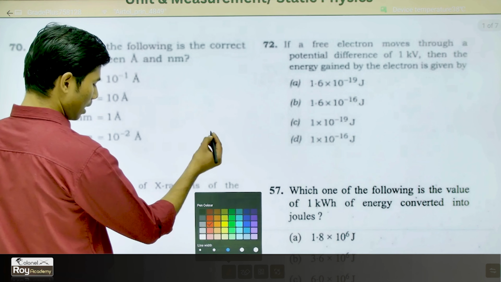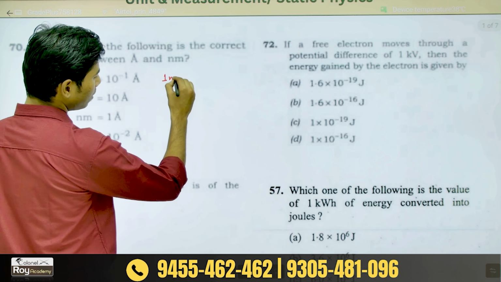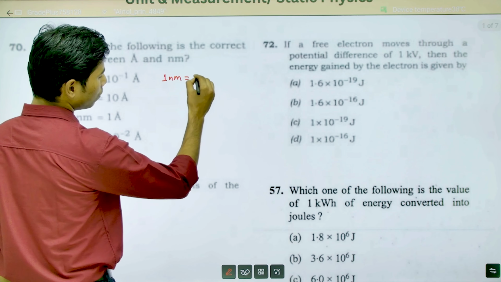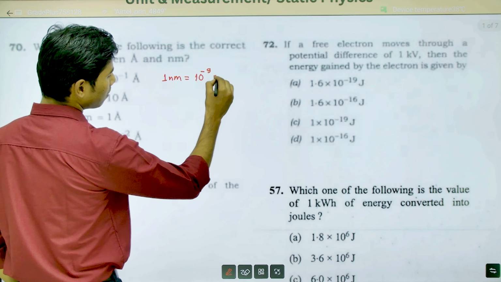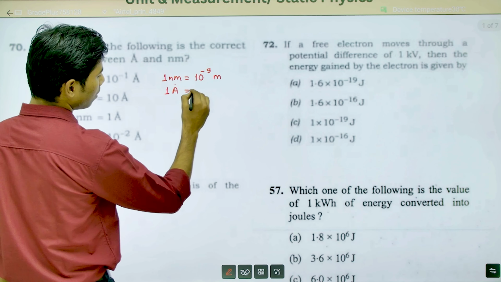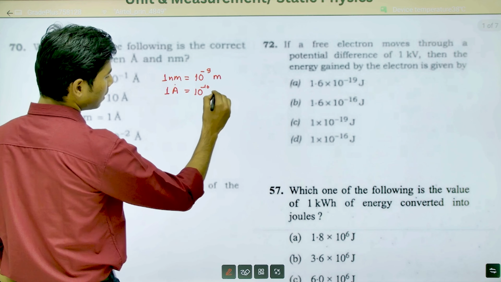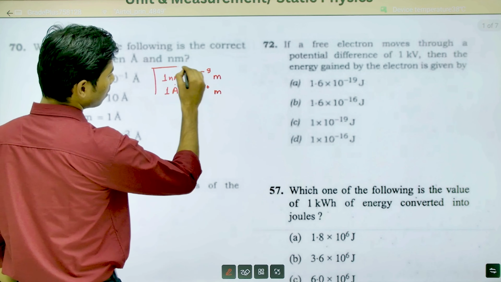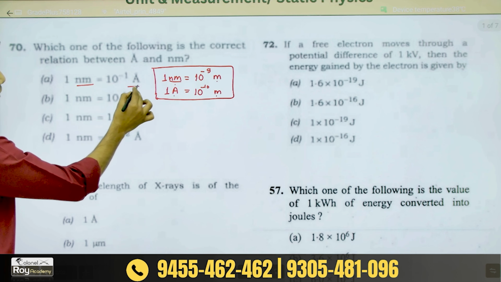Everyone should know the relation: 1 nanometer is equal to 10 to power minus 9 meter, and 1 angstrom is equal to 10 to power minus 10 meter. This is the relation of nanometer to meter and angstrom to meter.